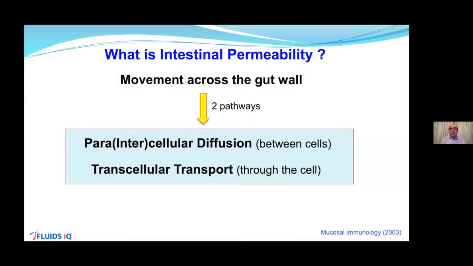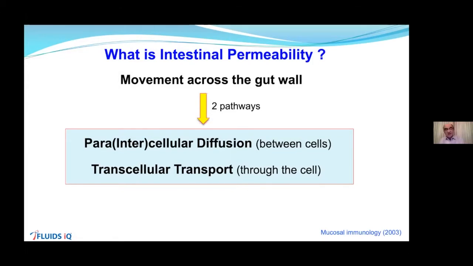Well, we know that when you have movement across the gut wall, there are really 2 pathways that are well known. The one on the bottom here is called the transcellular pathway. That is the classic transport of micromolecules, of the various small entities, either food or whatever the body wants to take in, and that comes in through the cell itself.